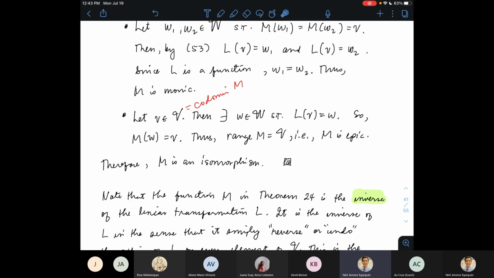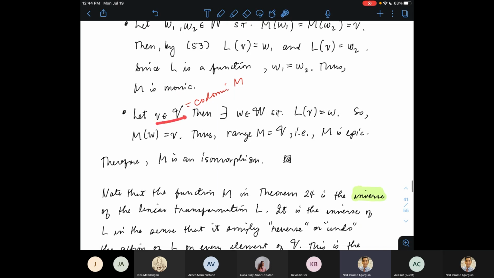So, okay. However, since v is in V, and remember that L is epic. L is a function from V to W, right? So dahil si little v ay na kay curly V, and si curly V ay yung domain ni L, there will exist an element of W such that L of v is equal to w, right?